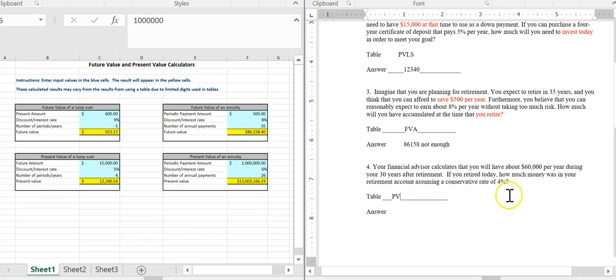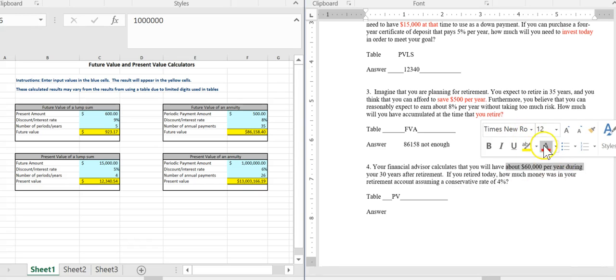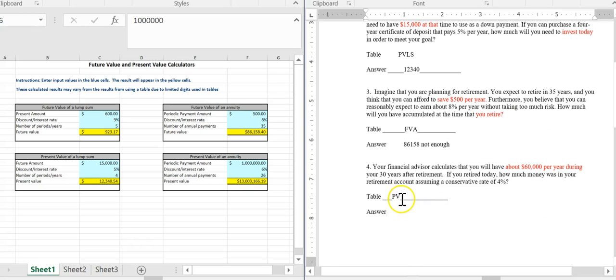How much money did I have in my account so that I could have $60,000 a year? So that's an annuity because I'm asking for an amount of money each year. So I'm going to go to present value of an annuity, and my periodic payment that I'm going to need in retirement is $60,000 a year at 4% for 30 years. How much was in my retirement account?